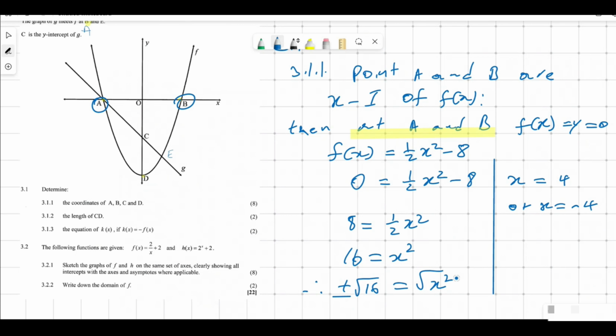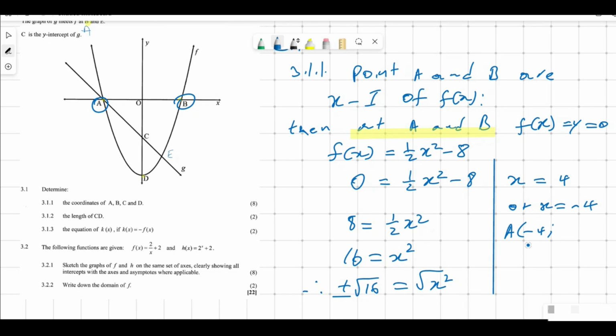Is that correct? Then if we look at point A, what is the value of x at point A? It's negative 4. So the value of x at point A is negative 4.